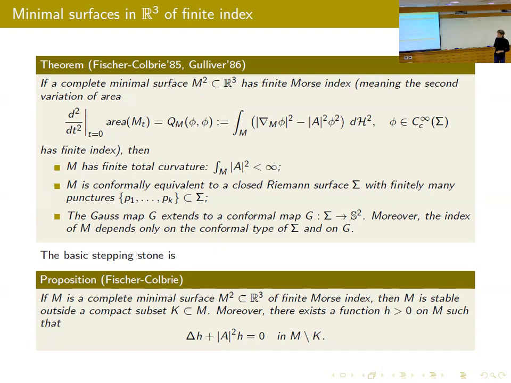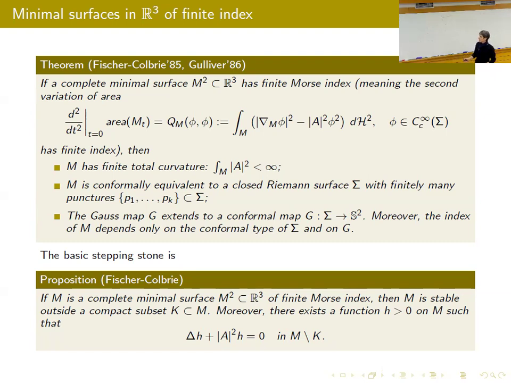Moreover, if you study the Gauss map, the map which takes each point of the manifold and produces the unit normal vector to it, which lives in the sphere, this Gauss map extends past these punctures. It's a conformal map on the entire compactification of the minimal surface, and the index of the minimal surface depends essentially only on this Gauss map.